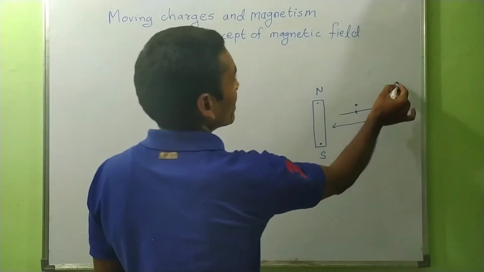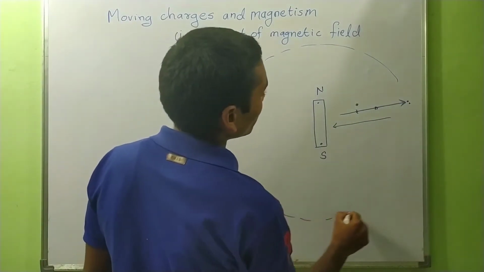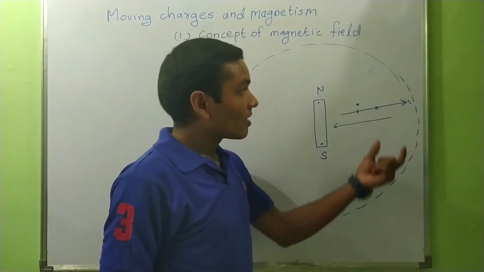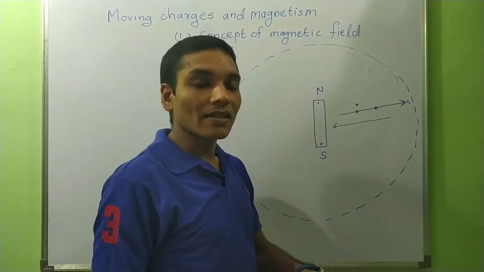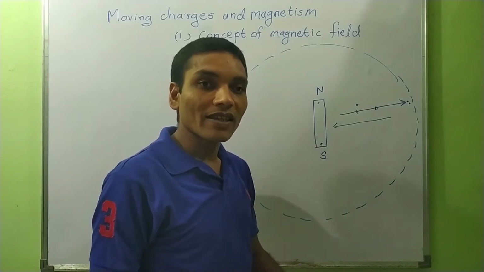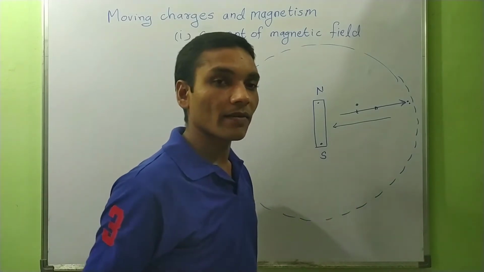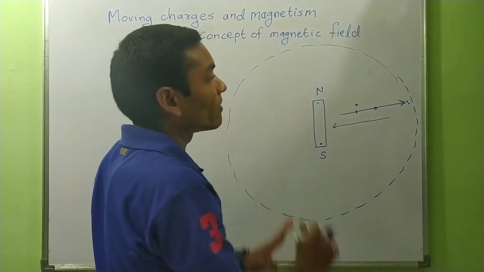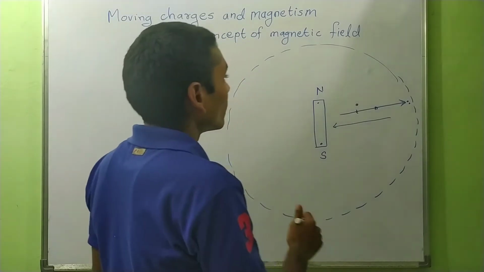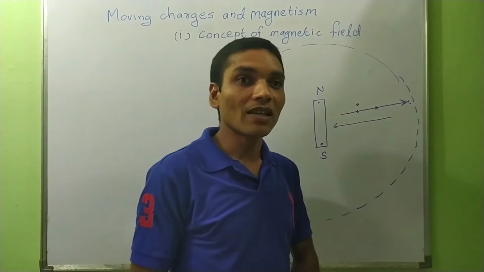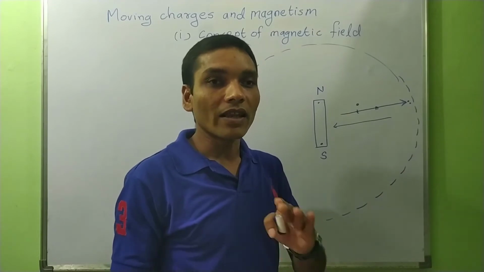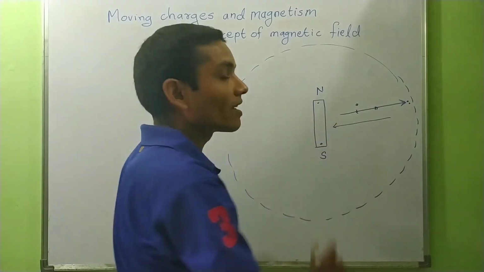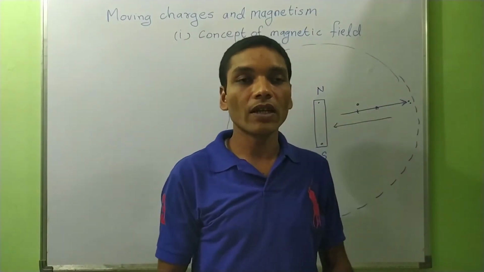So there is some area around the magnet within which this magnetic material feels some attraction, or we can say the influence of the magnet. So we can say the magnetic field around the magnet is the space within which any magnetic material can feel the influence of the magnet. This space around the magnet is called the magnetic field.